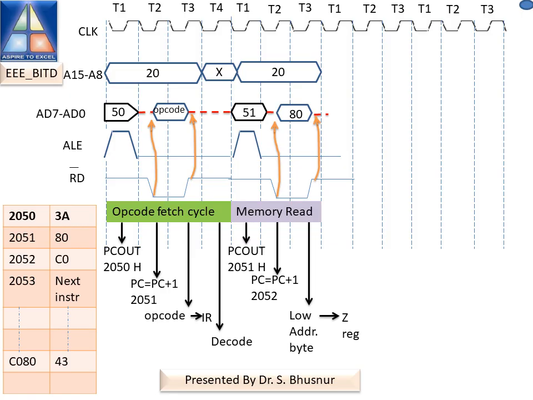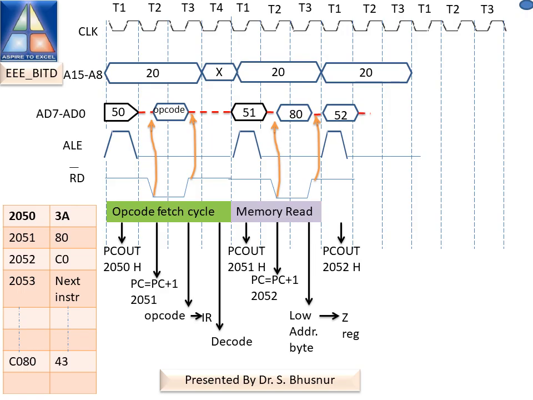But where is this 80, the low order address that is released, stored inside the 8085? It will be stored in the temporary register Z, as shown here. Because the decode operation was already over during the first machine cycle, the microprocessor knows that after the first memory read machine cycle, there will be another memory read machine cycle to read C0, the high order address, from 2052. So 2052 will be output on the address bus, ALE will be released again and 52 will be latched.